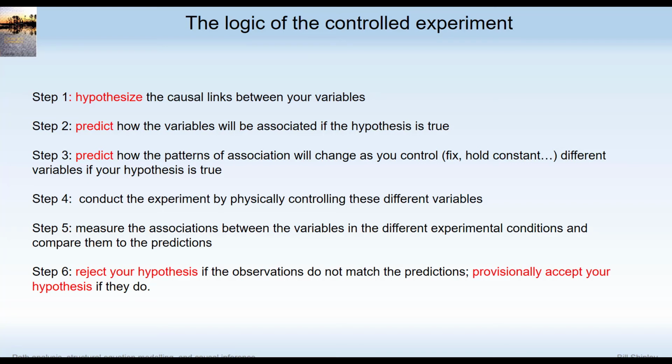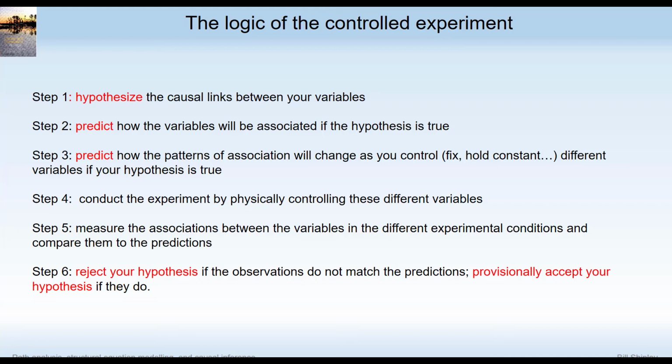Step 2 is you predict how the variables will be associated or correlated if the hypothesis is true, and then you predict how those patterns of association will change as you control different variables, assuming your hypothesis is true. Another word for control is to fix or to hold constant. These are pretty much synonyms, which I'm going to use interchangeably. So when I talk about controlling or fixing or holding constant a variable, this is what I mean.